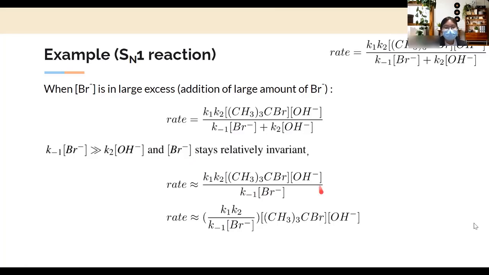So what we can do here is factorize this term out to form this fraction over here, and we can treat this fraction as being relatively constant. And then we get a new rate equation of sorts. So now we can see that the reaction is overall second order, since you get the overall order of reaction from the individual orders of reaction, which is just 1 plus 1. Quick math.